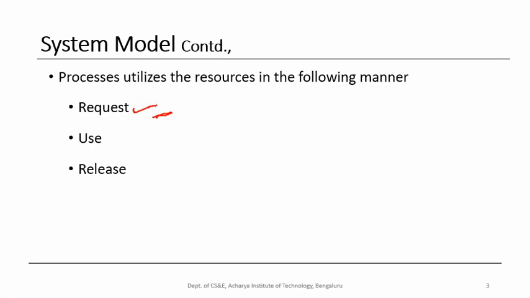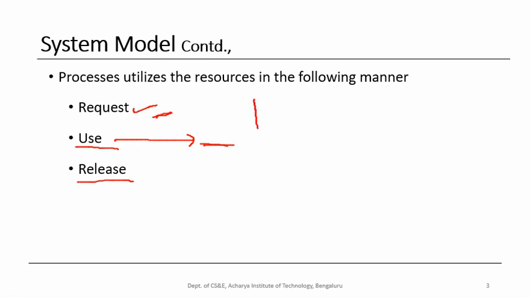Once the process gets the resource, it operates on it or uses it. For example, printer is the resource that a process has requested, and it gets the printer. After it gets the printer, it prints. Once it is done, it releases the printer so that some other process could utilize this resource.